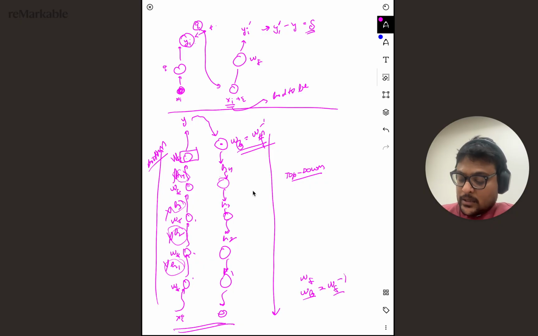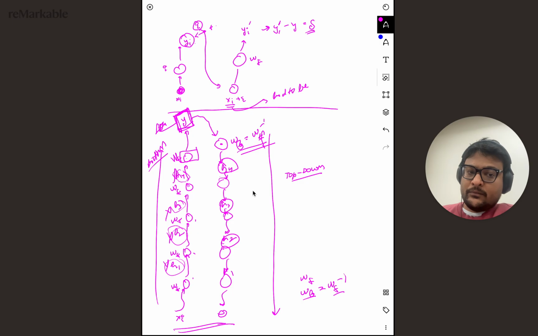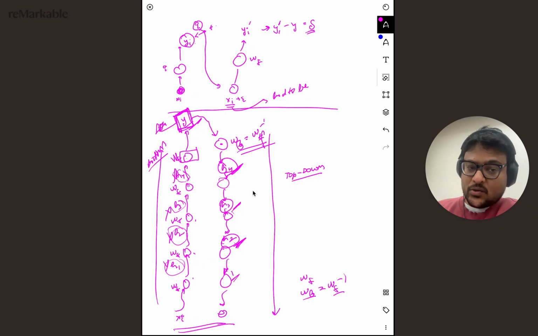You can compute these forward activities, and as soon as you only have this final activity y, it is possible to reconstruct all the intermediate activities h3, h4, h2 whenever you need them. So you don't have to store all these four activities at the same time. You can start from y, compute h4, then compute h3 and delete h4, and then compute h2 and delete h3, compute h1, and so on.